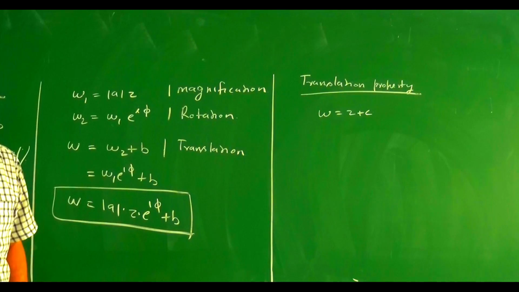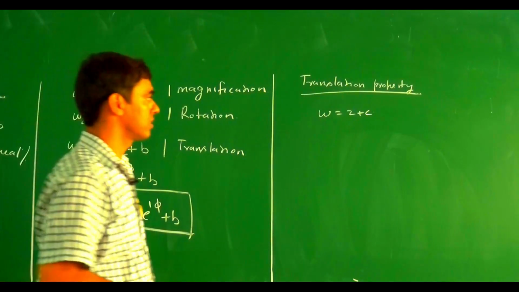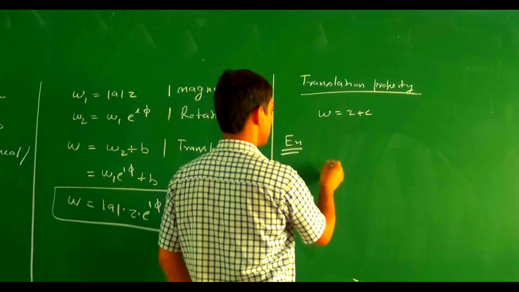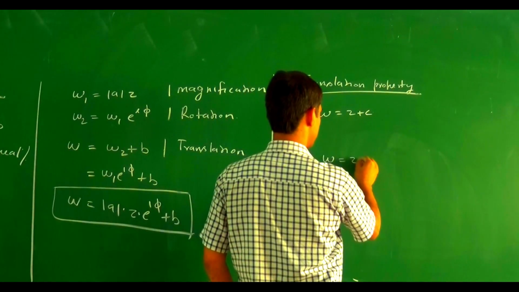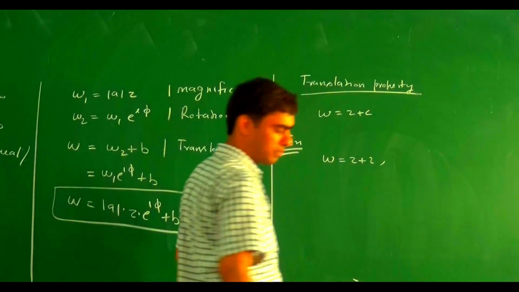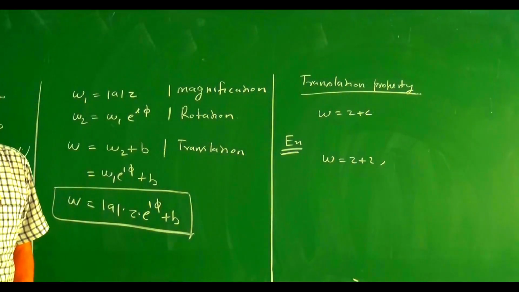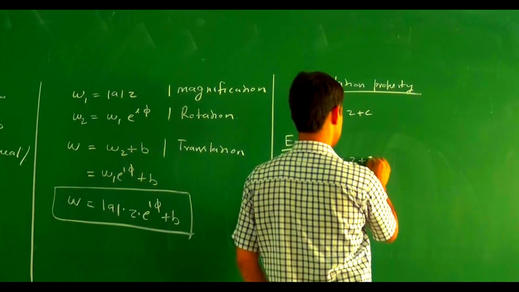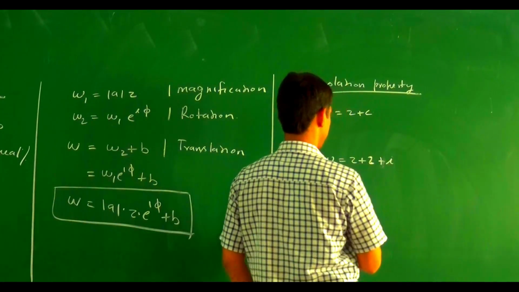So here we take one example of our translation property: W equals Z plus 2 plus i.